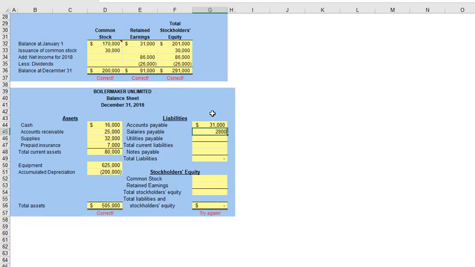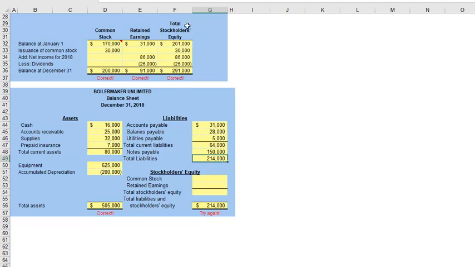Salaries payable 28,000, utilities payable 5,000. That's going to give us total current liabilities. I'm going to add a formula here. I didn't do that beforehand. Give us current liabilities of 64,000, and I'm going to add that note payable of 150,000. All right. So we have total liabilities of 214,000.